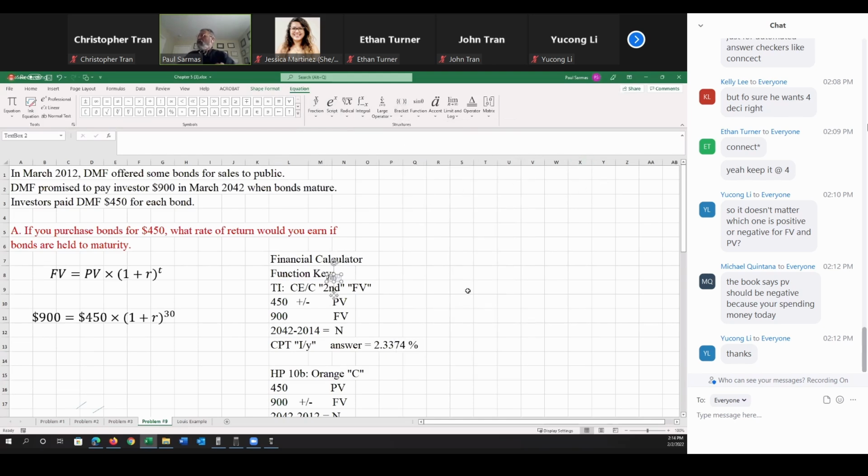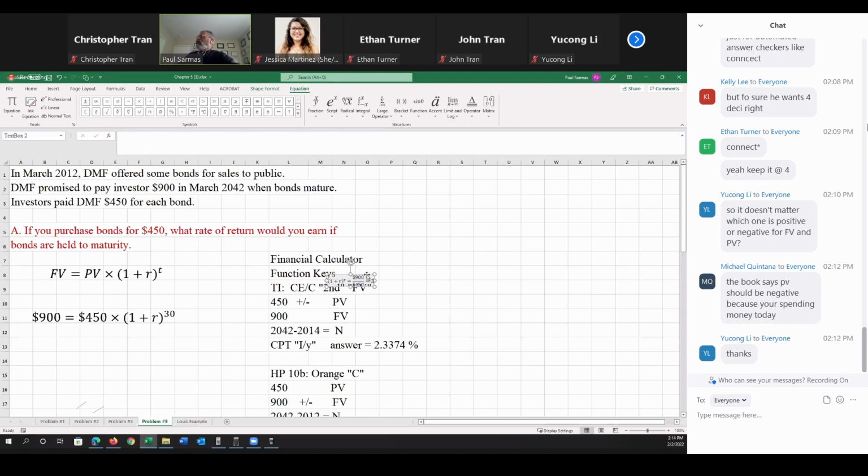I would say (1 plus r) to the power t equals 900 divided by 450, which equals 2.